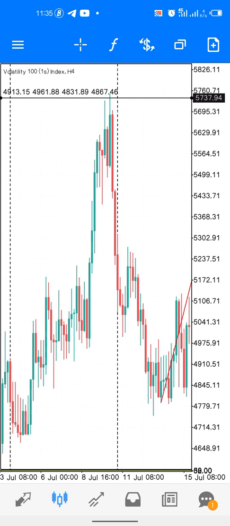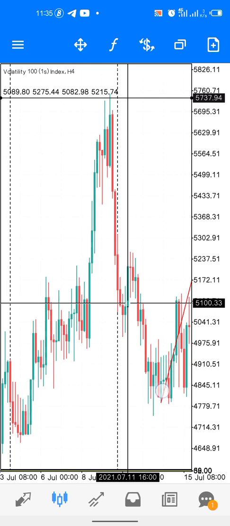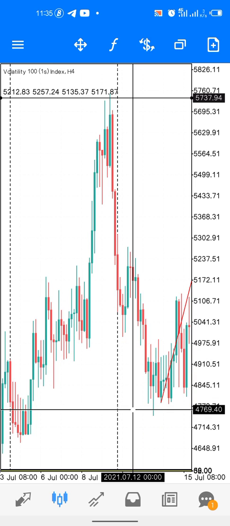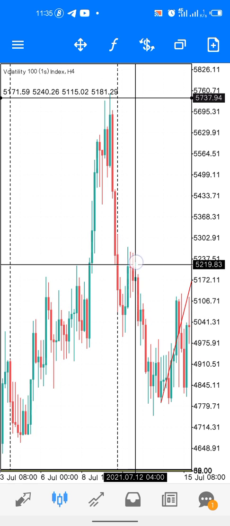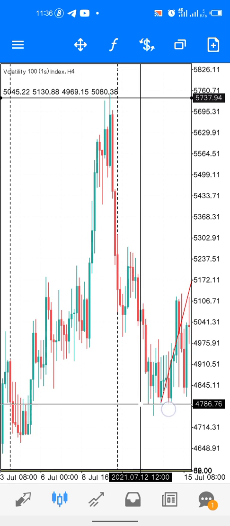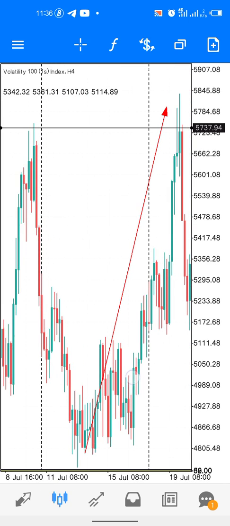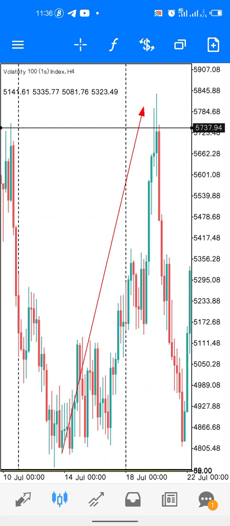It could come back and test this order block, or test this other order block here. And you see what it did: it gave us a false reversal, and came back and tested the order block at this point, anticipating higher price. As price tested, it consolidated before breaking this former high.